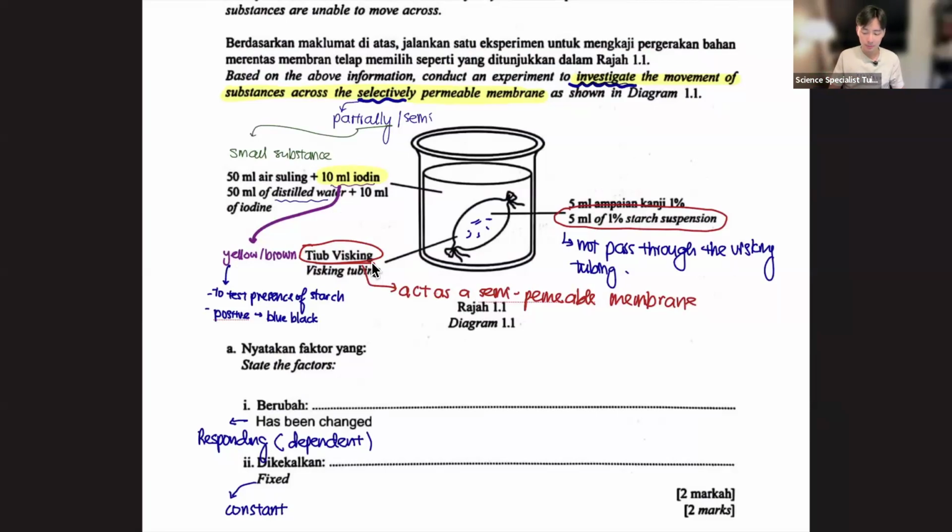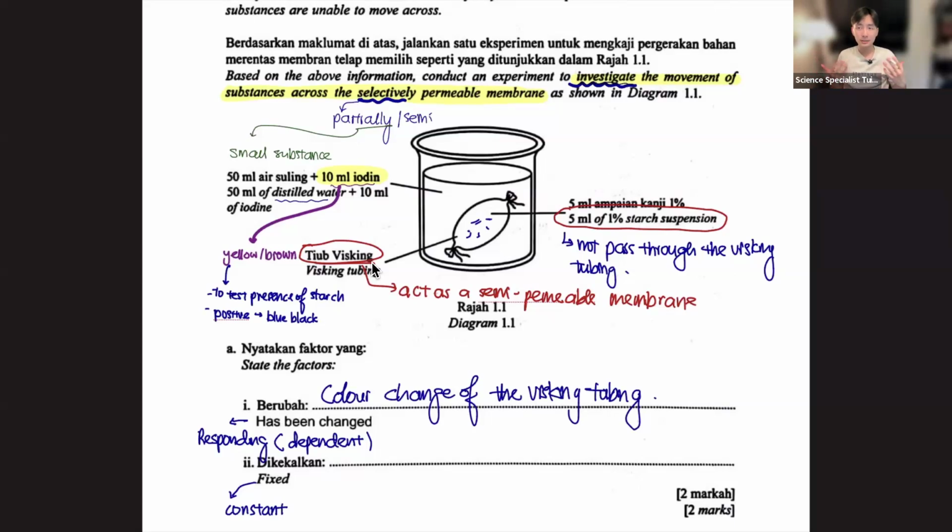So the things that you can observe is the color change of the whisking tubing, or movement of the substances. Movement of substances is good enough.